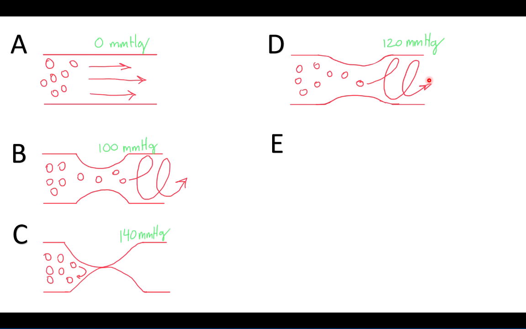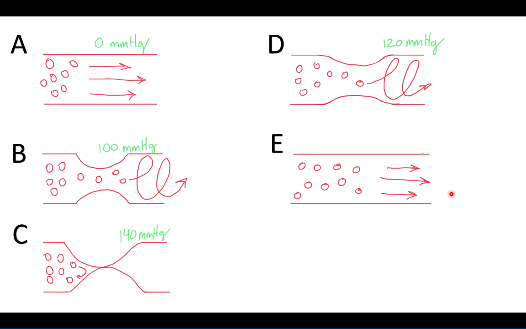Now, as we continue to release the cuff pressure, ultimately we release the cuff pressure to a point where these red blood cells are no longer in a turbulent blood flow, and they return to that characteristic laminar flow.